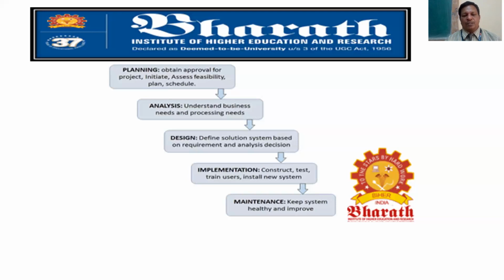After developing the architecture, we construct the code for the design we have developed, then put it through a testing process with trained users, and then we can install or release the new product.